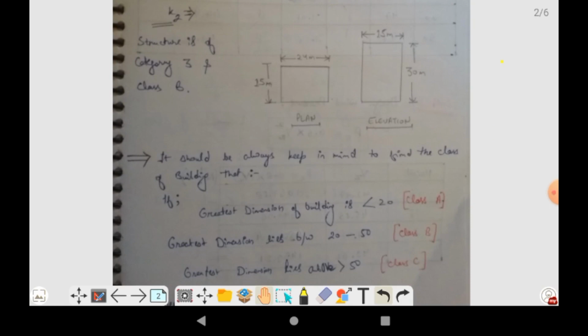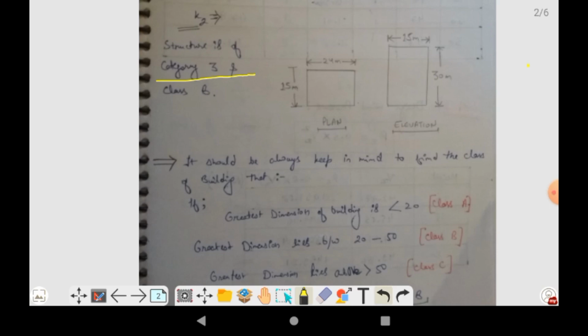It will help us to determine the class of building. Okay, so as given in our question, it lies in the category third. It is already mentioned in the question. So now we are just going to prepare a plan and elevation for this building.